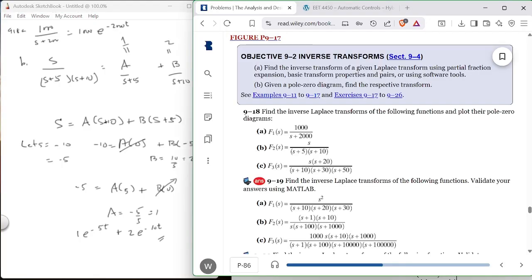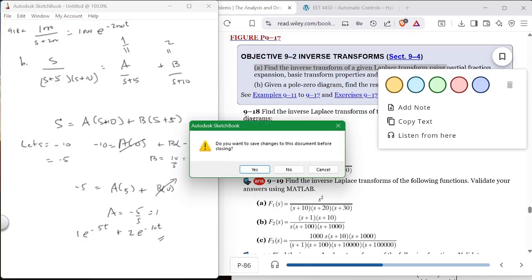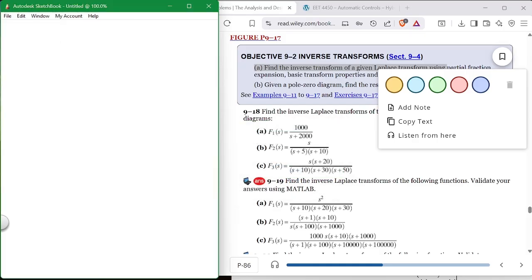That's the rules. Okay, so now let's go to C. 918 C. This is not on the sheet, so how would you do it?